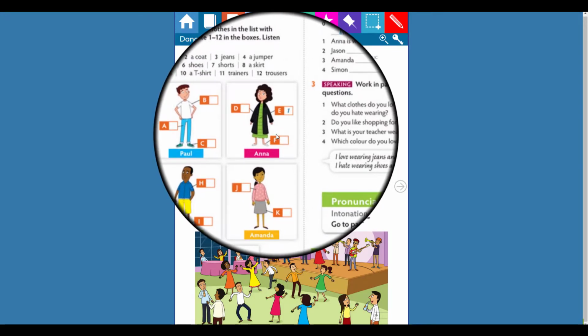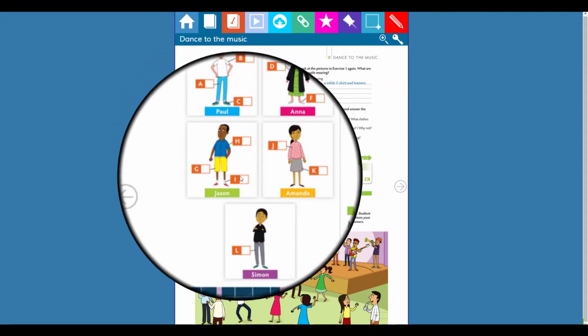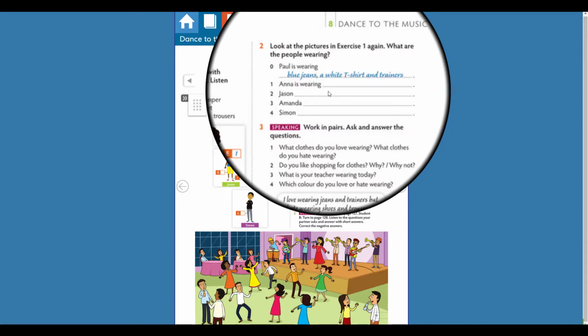El orden puede variar. Number 2, Jason. Jason is wearing a blue shirt, yellow shorts, white socks, and red trainers.